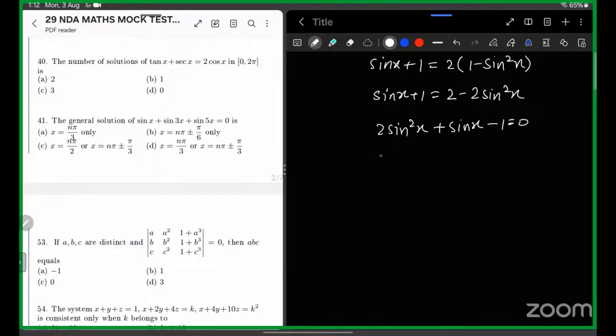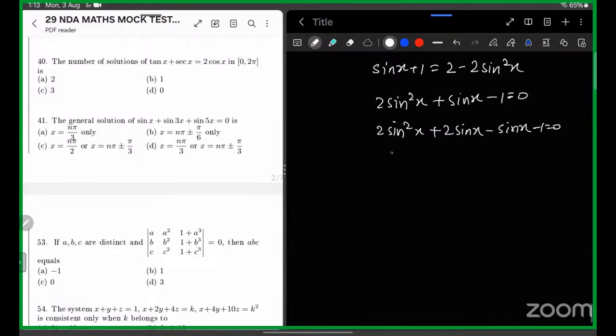The quadratic equation, try to solve it like this.